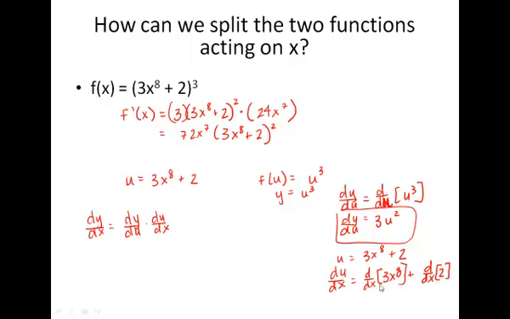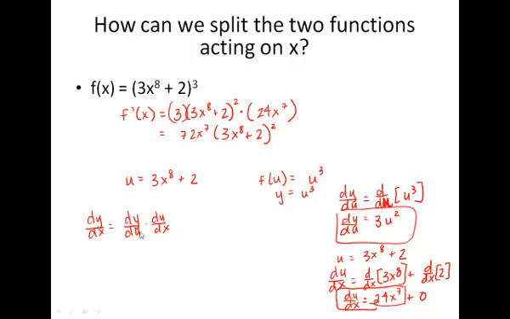You drop down the exponent. You could bring that 3 out in front, but I know I'm going to multiply it on eventually, so I'll just write this as 24x to the 7th, plus 0. So this right here is my du dx.